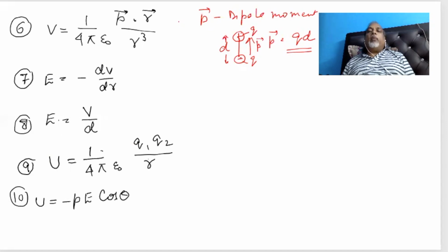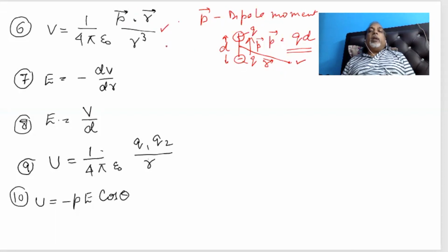This is your dipole moment, and this is the axis of the dipole moment. If you want to find out electric potential at a distance R, then R is basically the distance from the midpoint. So if you want to find electric potential like this, this is the formula.